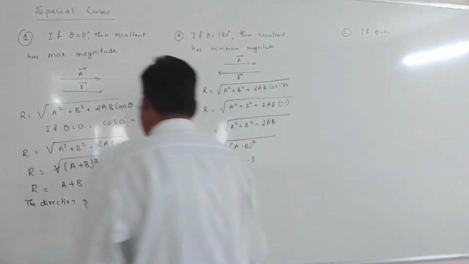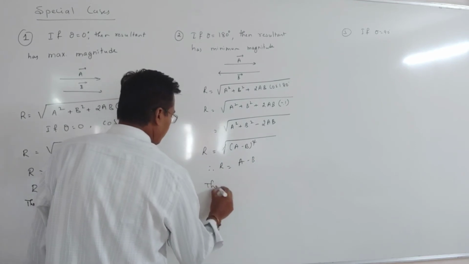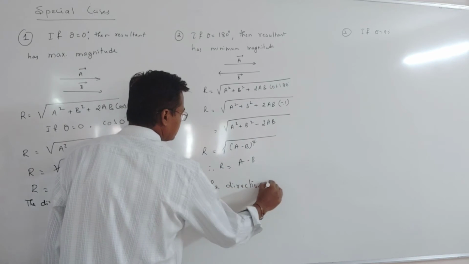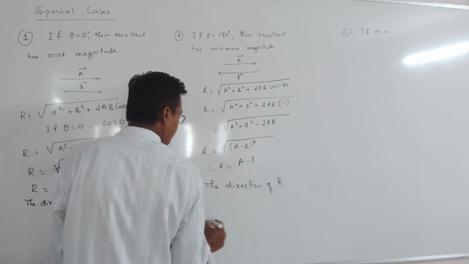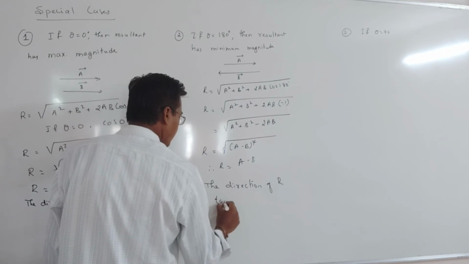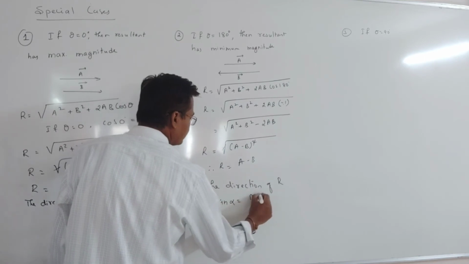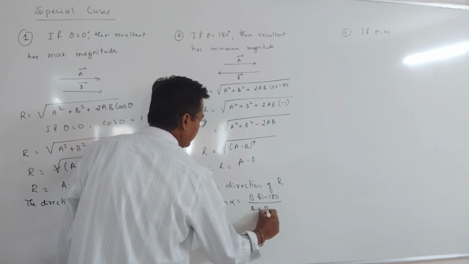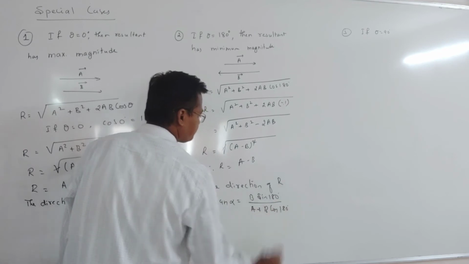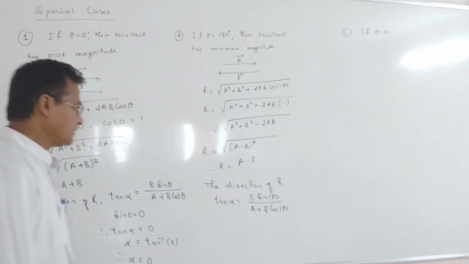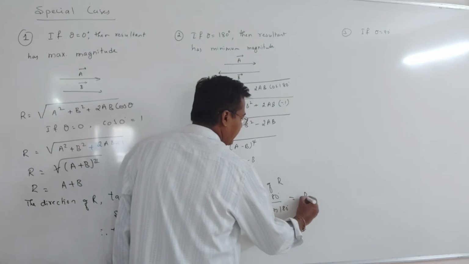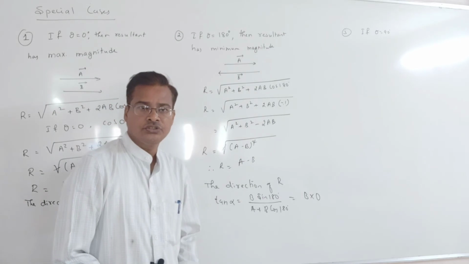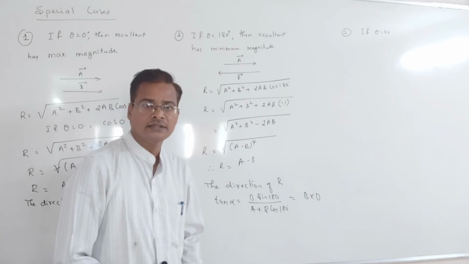Similarly we can see the direction of R. Here tan alpha equals b sin 180 divided by a plus b cos 180. So b into sin 180, sin 180 is 0. Yes or no?